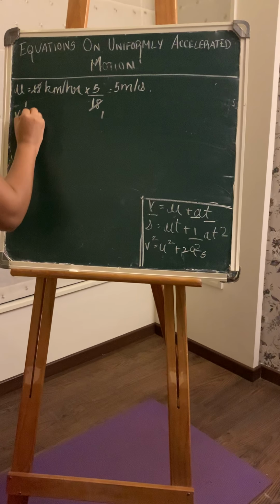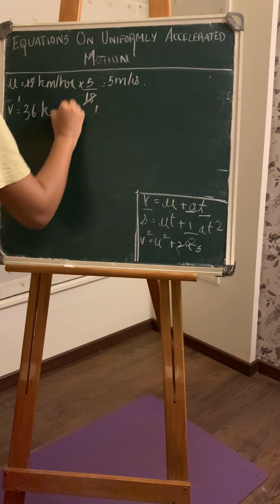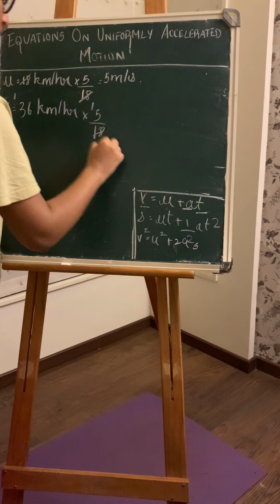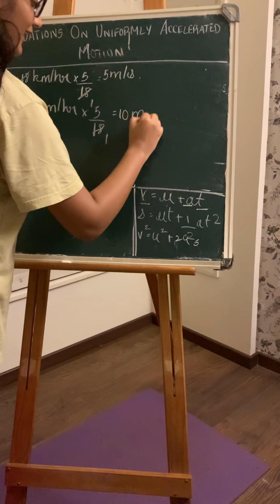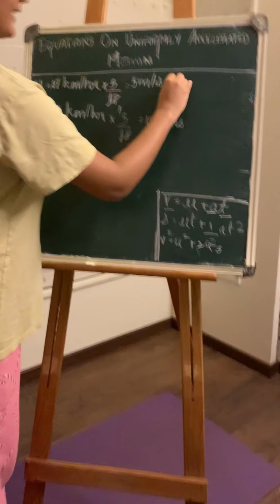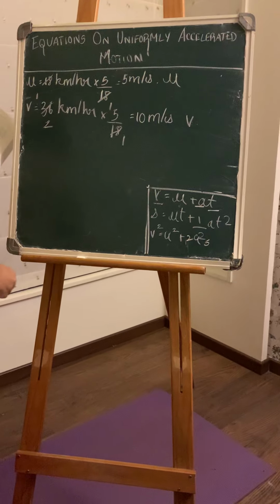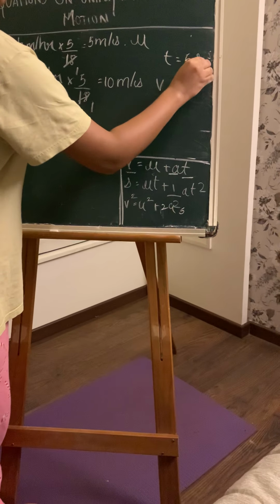And they have given us that the final velocity is 36 kilometers per hour. On converting it, we get 10 meters per second, right? So that's our initial velocity and that's our final velocity. And they have given that the time taken is 5 seconds.